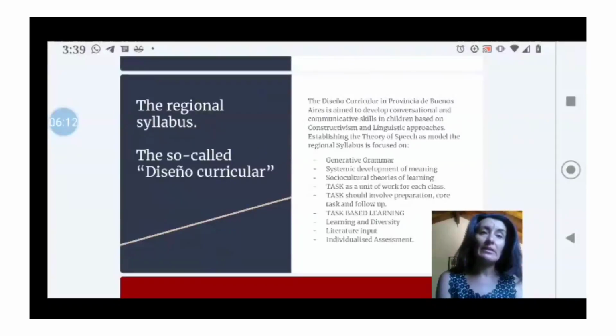Most teachers apply it. Learning and diversity, of course, respecting diversity is a value, plus democracy. Literature input in primary school as well as secondary school, and in Spanish language as well as English language, teachers are encouraged to make a clear, real, consequent, and fluent input of literature for their students.